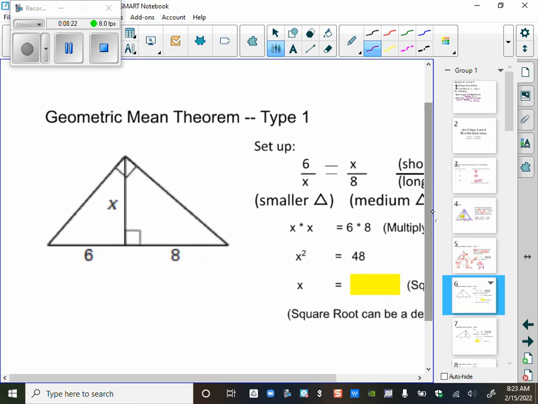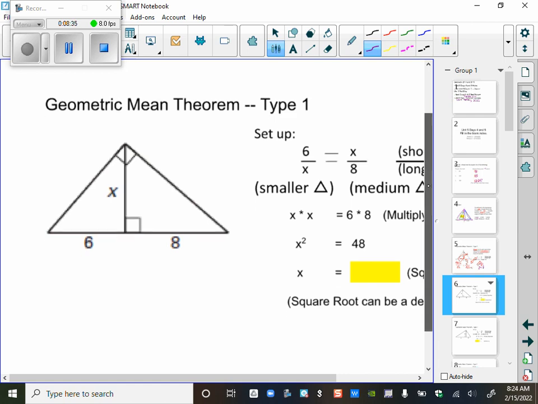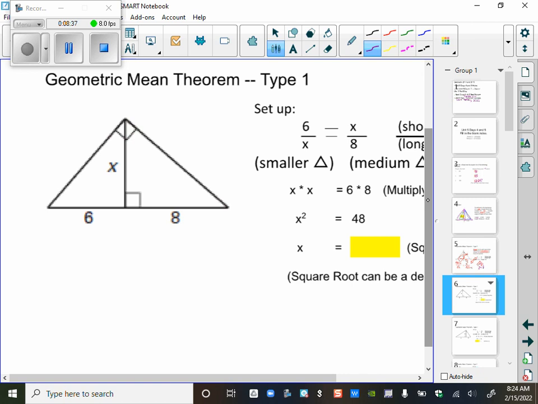Now, I kind of set it up. Now, going forward, this may not be the only way. What you see was one way. Another way you could have done it, because what's going to happen, the 6 and the x are going to flip, 8 and the x are going to flip, but that's okay. You're still going to get the same result in the end.